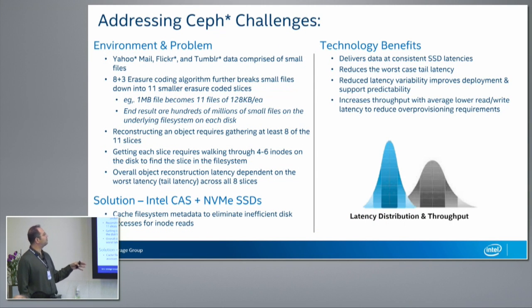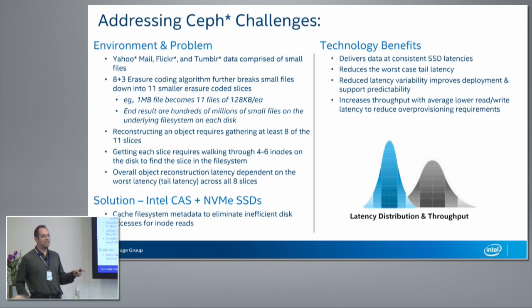So they did 8+3 erasure coding, which takes those already small files and breaks them up into 11 smaller pieces. So for example, a 1 meg file becomes 11 smaller files of 128K each. What you end up with then, on every one of your OSDs, your storage disks, is hundreds of millions of these tiny files.